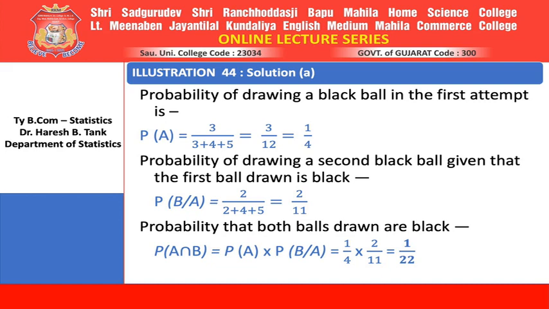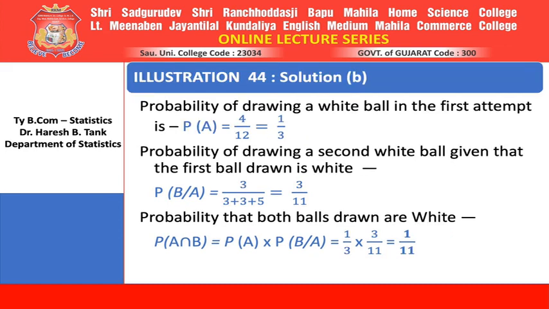Simplifying it, it comes to 2 upon 11. Probability that both the balls drawn are black, that is nothing but probability of A intersection of B, which is probability of A multiplied by probability of B, where A already occurred. That means it is 1 upon 4 multiplied by 2 upon 11. Simplifying it, it comes to 1 upon 22. Right?